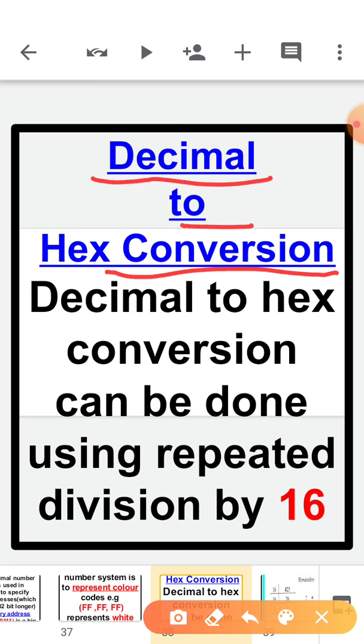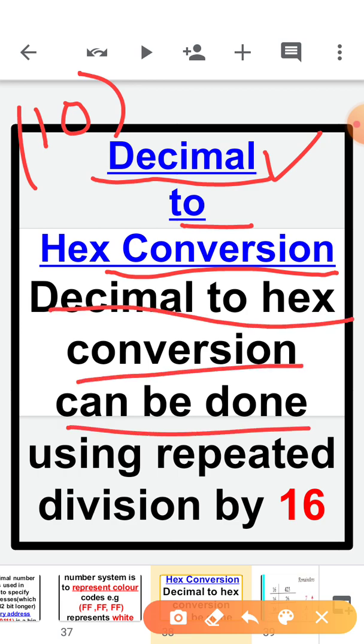If a number is present in decimal form, in base 10 form, how can we convert it into hex? Decimal to hex conversion can be done using repeated division by 16. When we are converting with binary, we are doing division with 2. When we are doing octal, we are using 8.